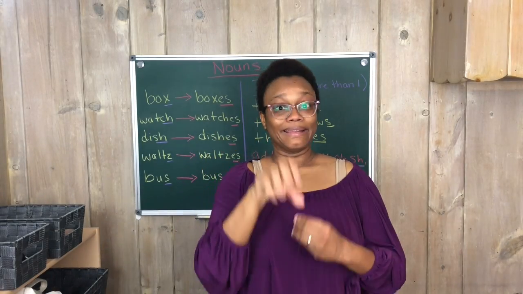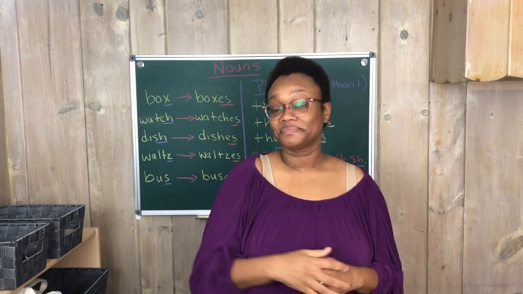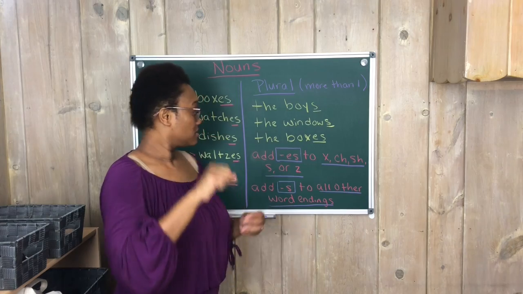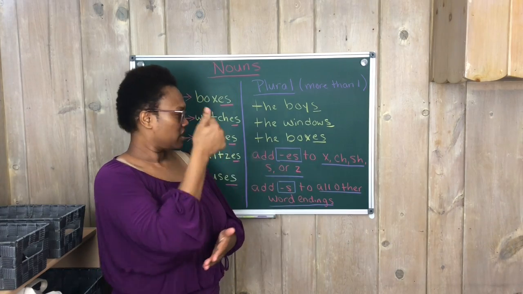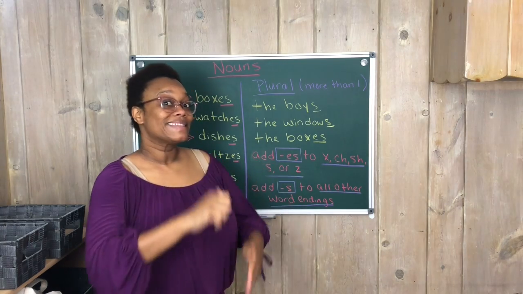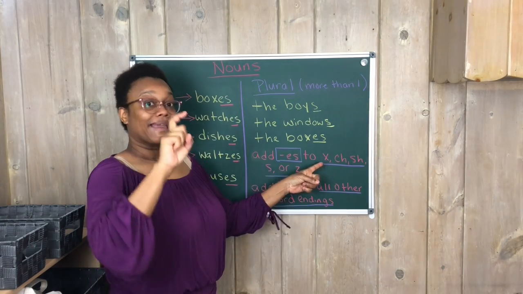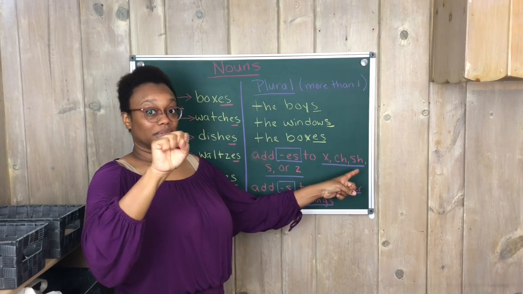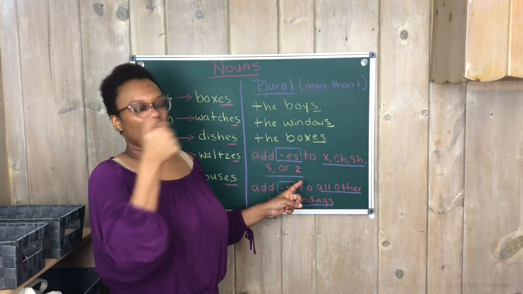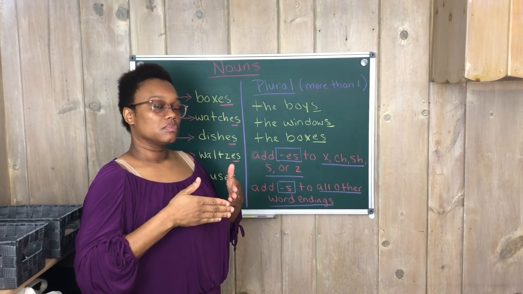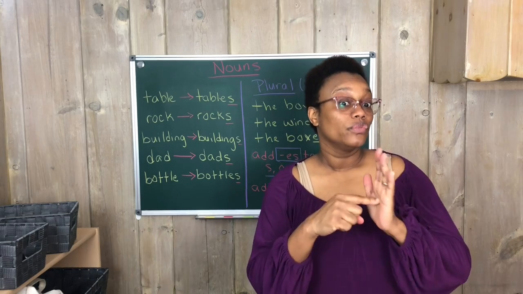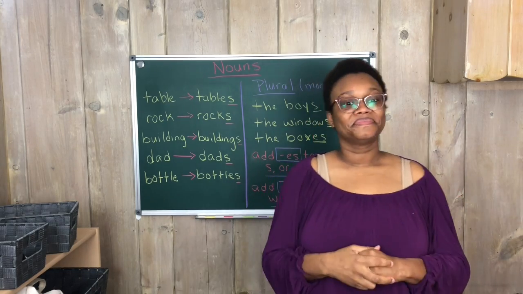So when do we know when to add an S at the end? You add an S at the end of nouns that you want to become plural when it has all the other consonant endings. If it does not end in an X, CH, SH, S, or Z, then you add an S. So some more examples.